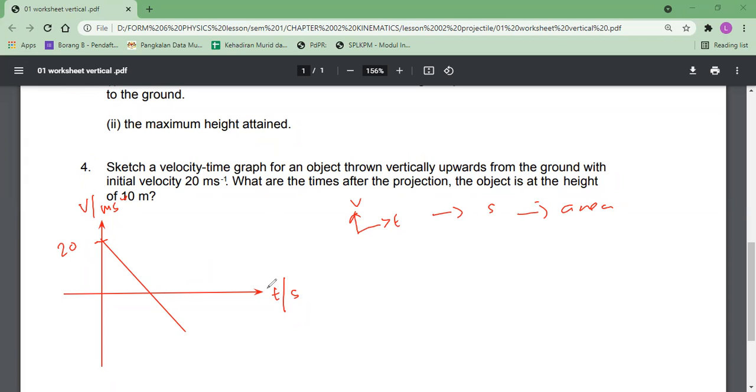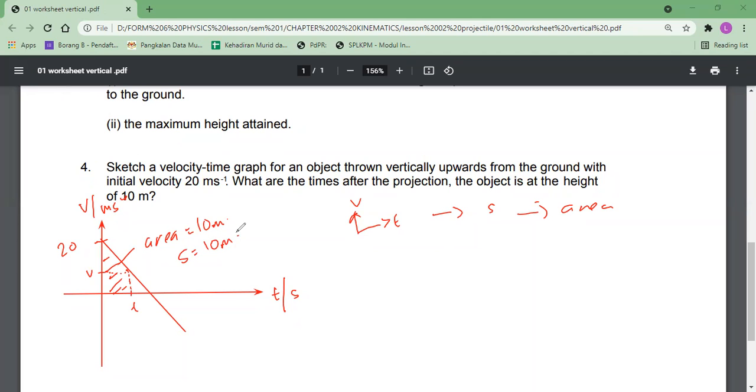No. So we want to find the time here. What will be the velocity v if the area equals 10 meters? That means s equals 10 meters.